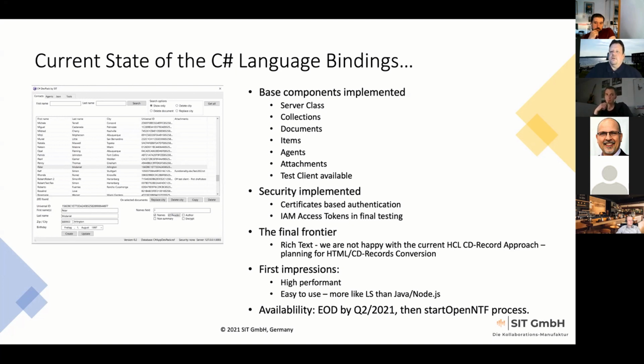If you're familiar with these data structures, God bless you, but I don't see anybody out there besides maybe a couple in the community really working with this. This is not really something you can hand off to a C# developer that never got in touch with Domino. So we're currently working on something that's more related to an HTML CD record conversion.